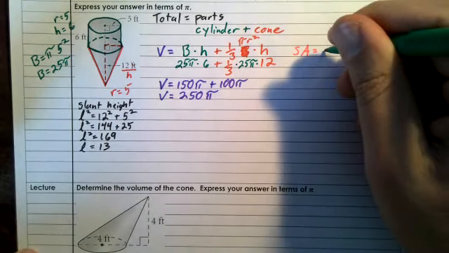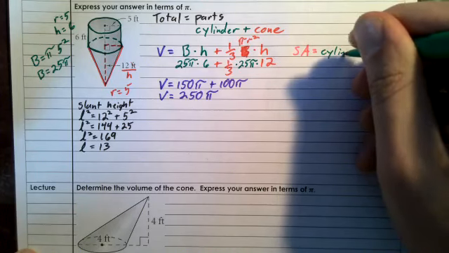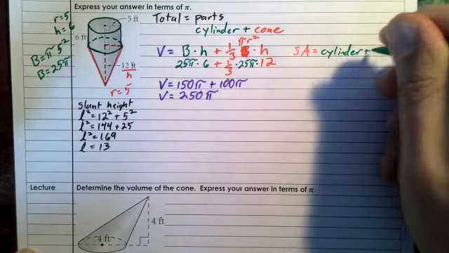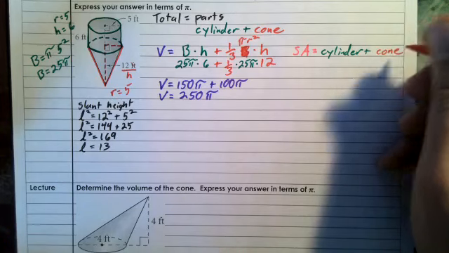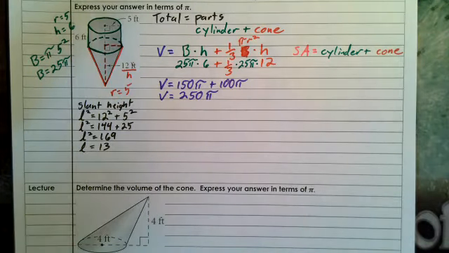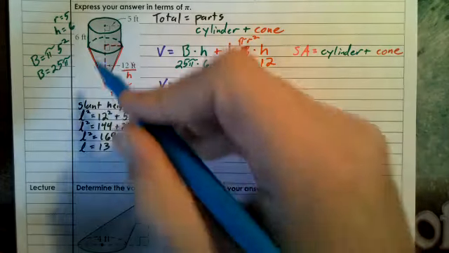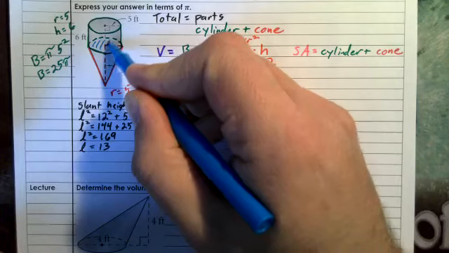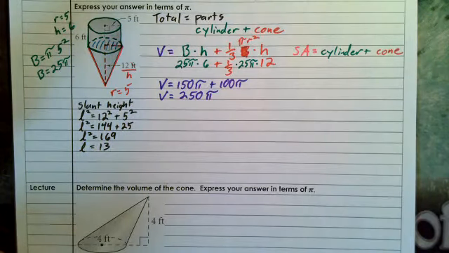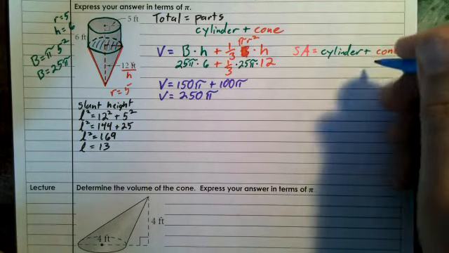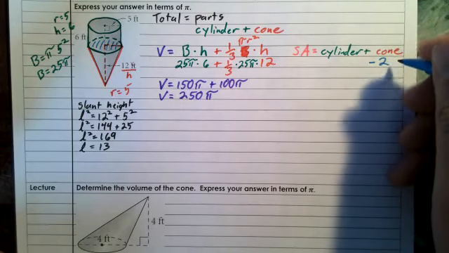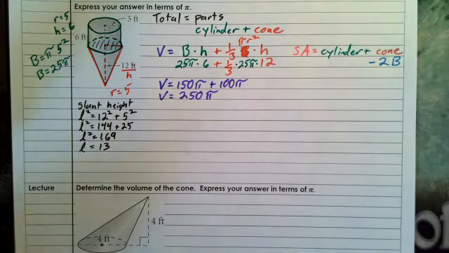I'm going to do the surface area of the cylinder plus the surface area of the cone. But then I want to remove what I don't need. So I need to remove this circular cross section in the middle. And I need to remove it twice. I need to remove it from the cylinder and I need to remove it from the cone. So minus 2 of those B's. So if I just minus that at the end, I should get the right surface area. Let's try it out that way.